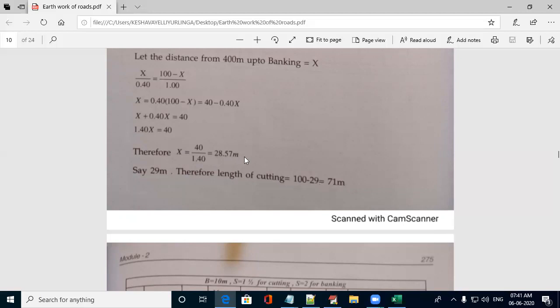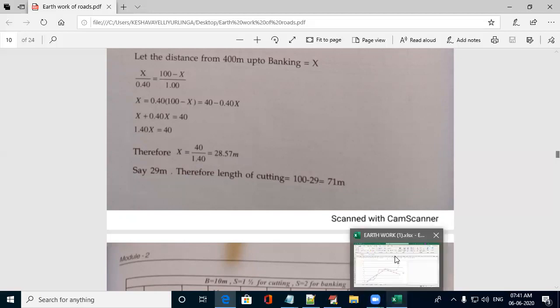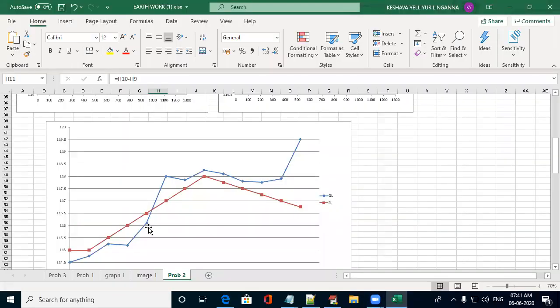That means, in the graph, at a distance of 29 meters from 400, there is no filling, that is 0, which is chainage 429. At this point, at the distance of 429, we found the zero depth.